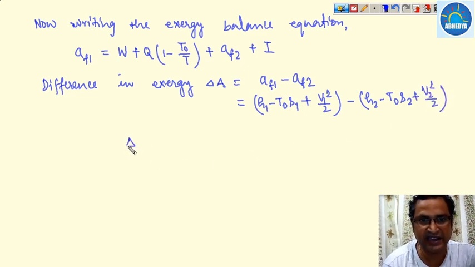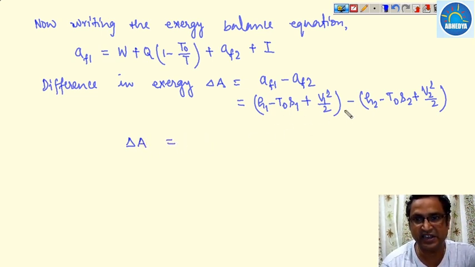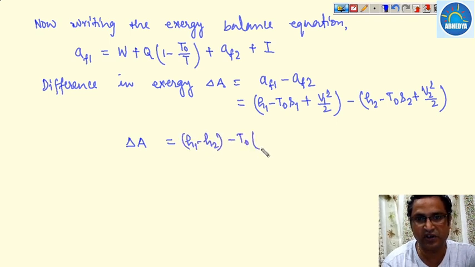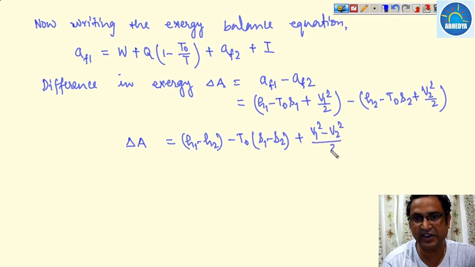So delta A, that is the change in availability, is nothing but H1 minus H2 minus T0 of (S1 minus S2) plus (V1 square minus V2 square) divided by 2.